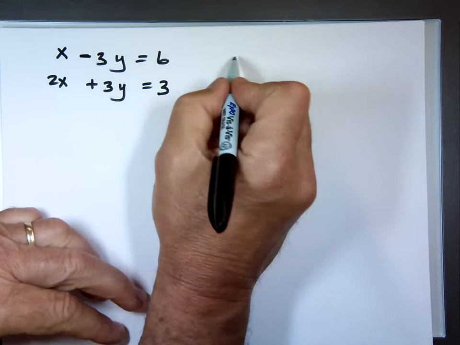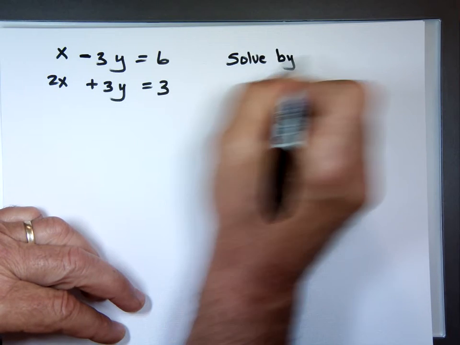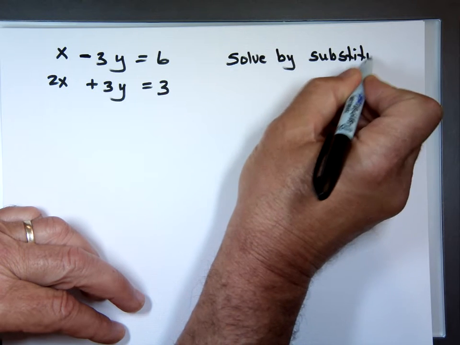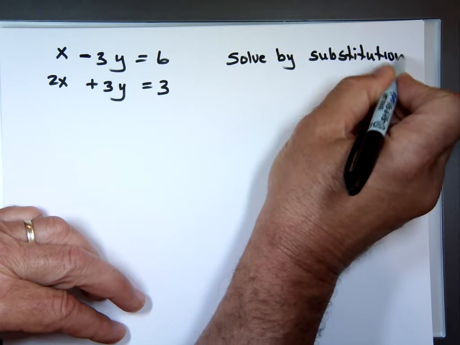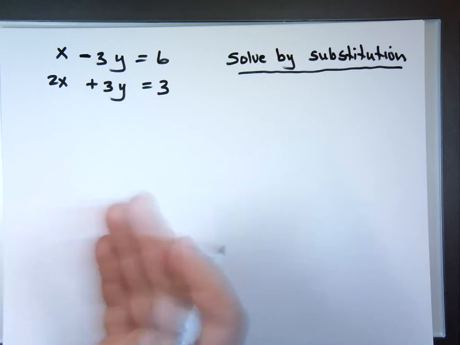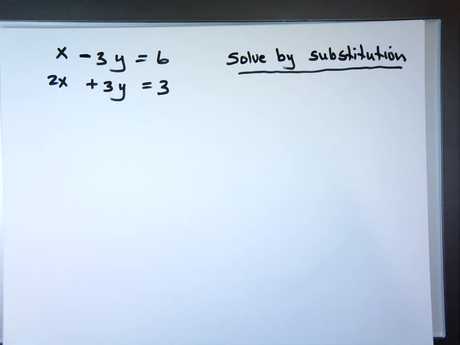And the question, solve by substitution. We want to use the substitution method. In this example, the substitution method is not the best way to do it. It's really the addition method that is better. But I want to enforce the substitution method.